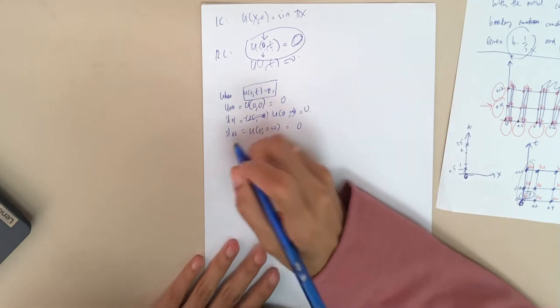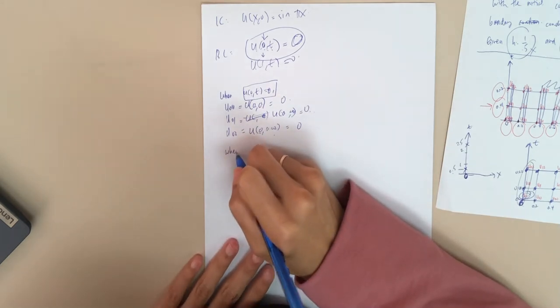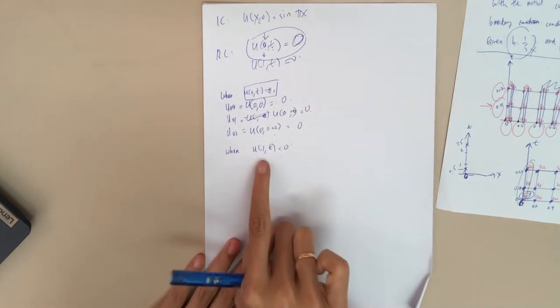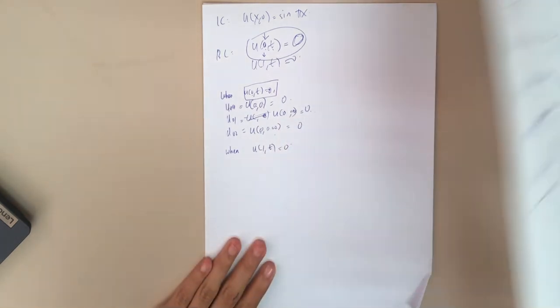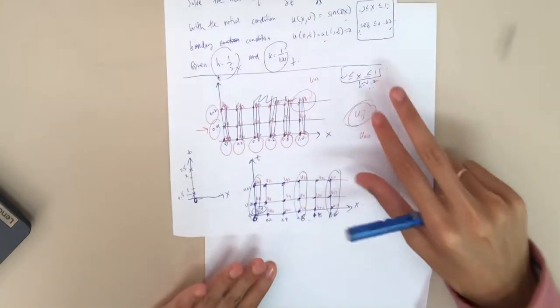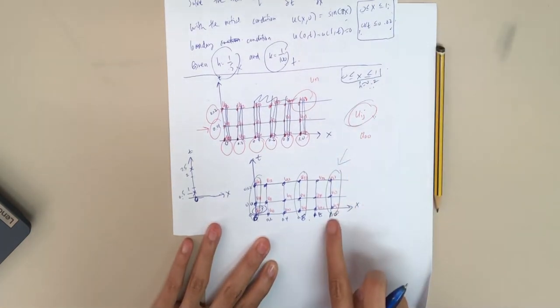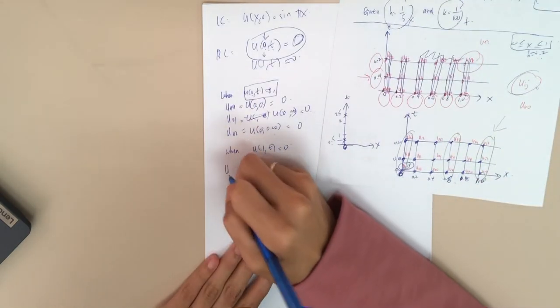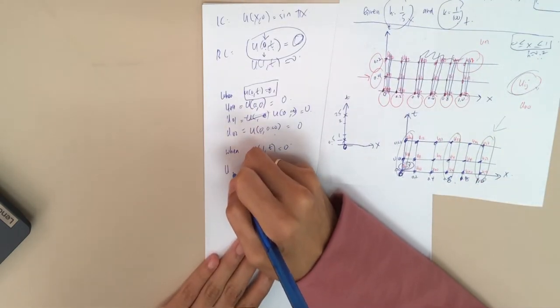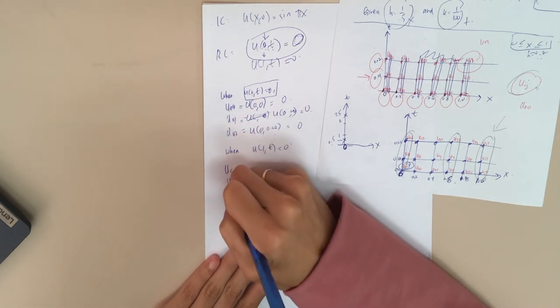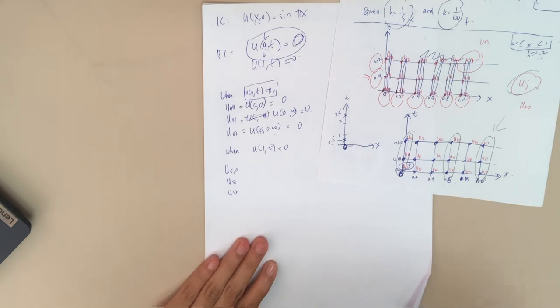So now for the second BC, where your x is 1. Okay, your x is 1 here. x1, x1. So that means you have U50, then U51, and then U52.